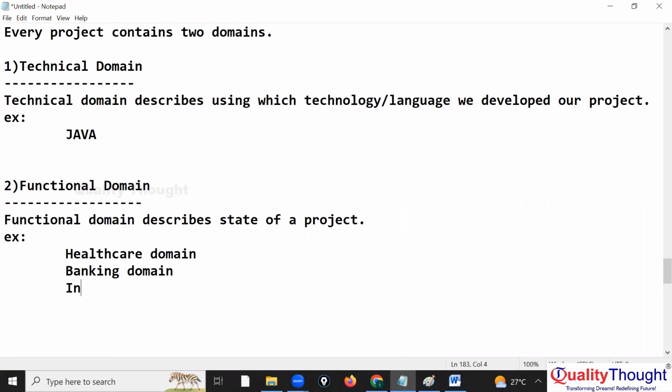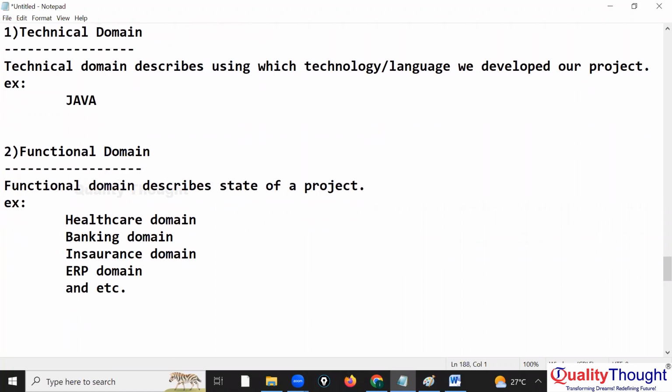Suppose I am developing for an insurance company, that comes under the insurance domain, ERP domain. Like this, we have multiple domains available. So every project has how many domains? Two domains. One is technical domain, one is functional domain.